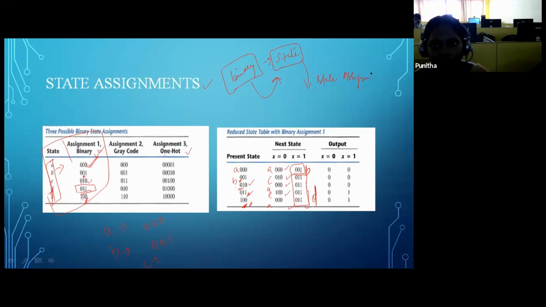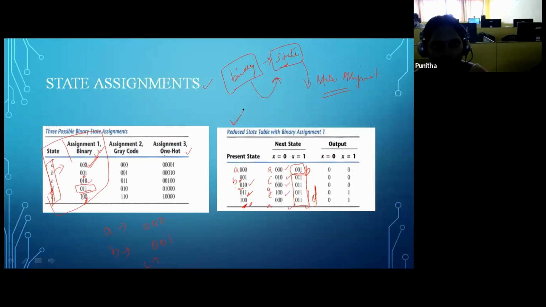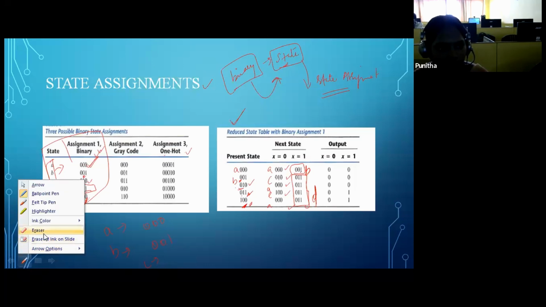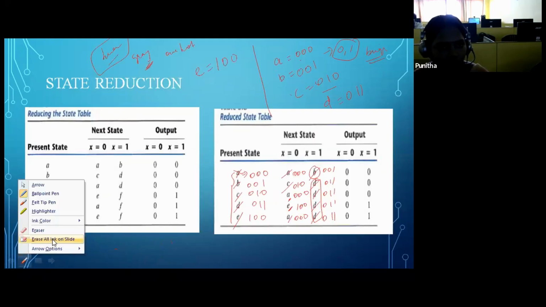Here I have assigned binary values to the states, so this is the binary state representation. Is it clear? Any doubts?